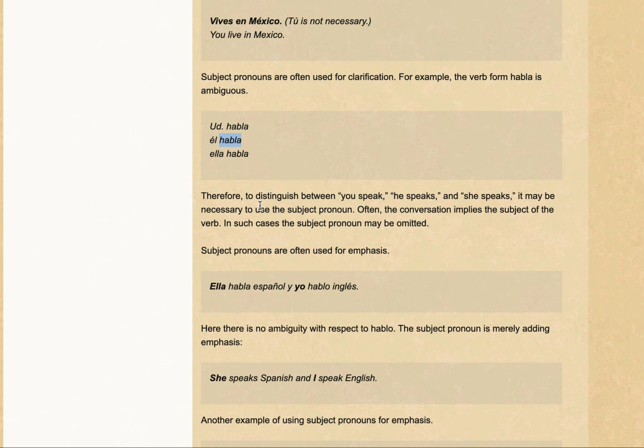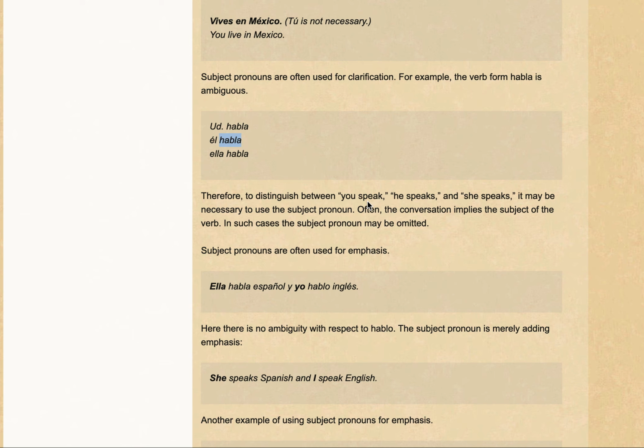So, to distinguish between you speak, let's take it as tú, that means you familiar, and for tú we add as, so like tú hablas. He speaks would be él habla. She speaks would be ella habla.